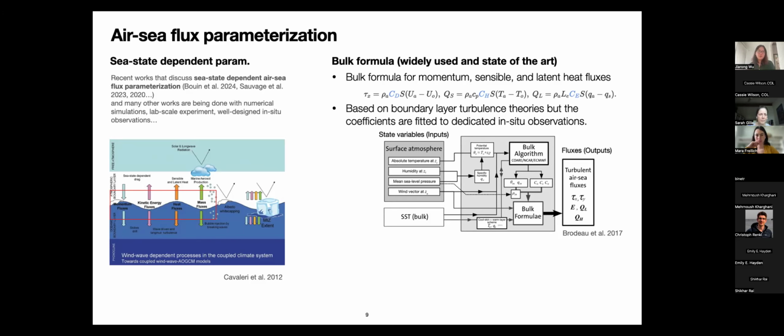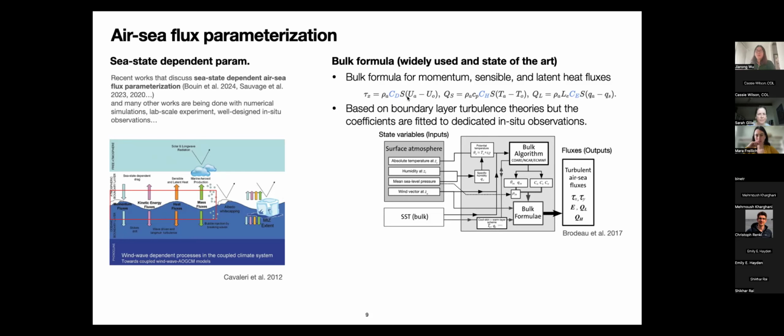to push this front. But until that is ready, what we have right now, what everyone uses in the state of the art, is the bulk formula. And bulk formula, they express momentum, sensible and latent heat fluxes as the following. So it's some kind of coefficient times wind speed times the difference of the state variables between the air and the ocean.